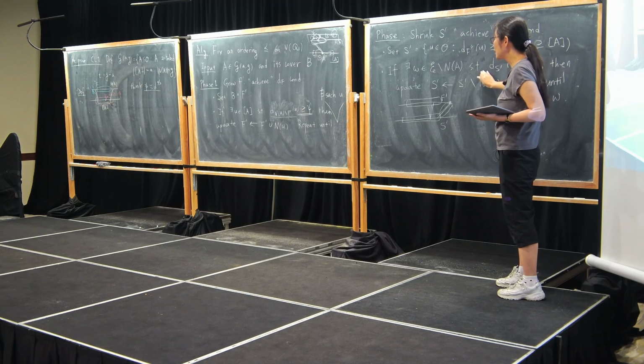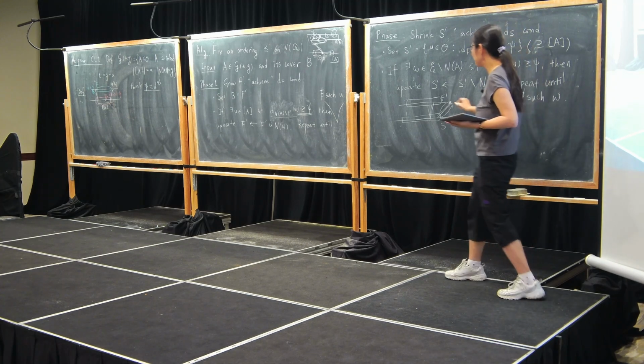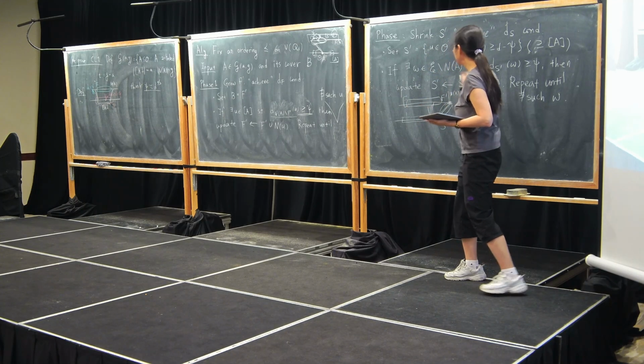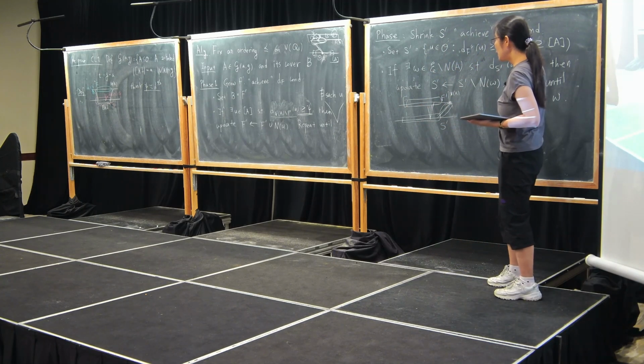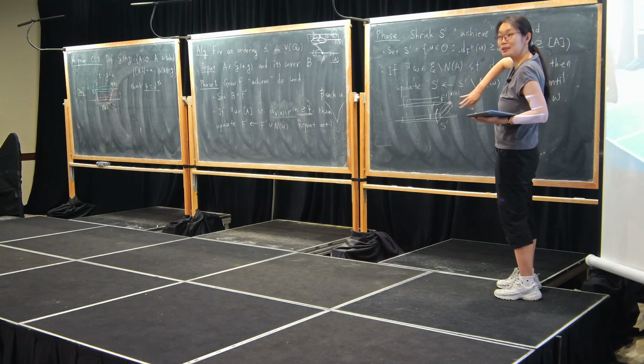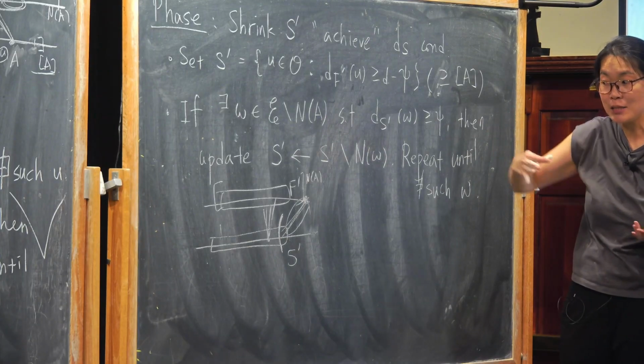So what we do here is whenever we have some vertex outside of the neighborhood of A that violates the S condition, then we just get rid of those vertices, kick them out, and we keep shrinking S prime.